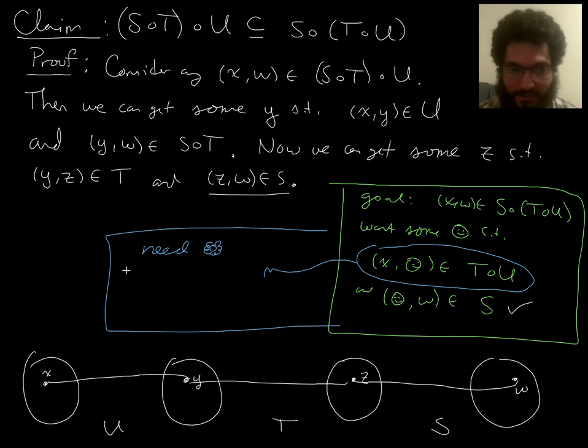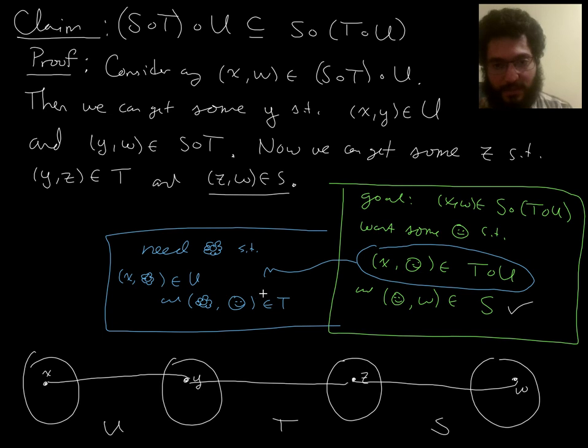So I need some kind of thing, let's call it flower, so that X comma flower is in U and flower comma smiley face is in T, right? So we already have decided that we think that Z is going to play the role of smiley face.